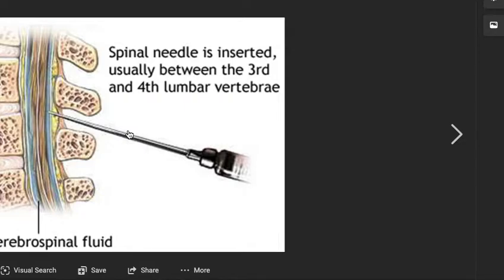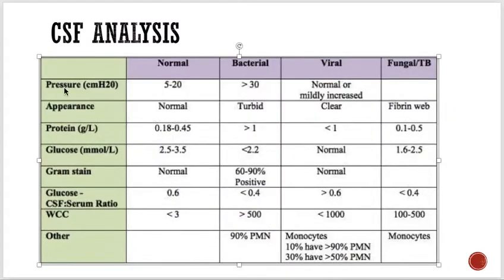Once the needle has passed and the CSF starts draining, they can connect it with a manometer and measure the opening pressure. We call it opening pressure: what was the pressure of the CSF at the time we pricked it.